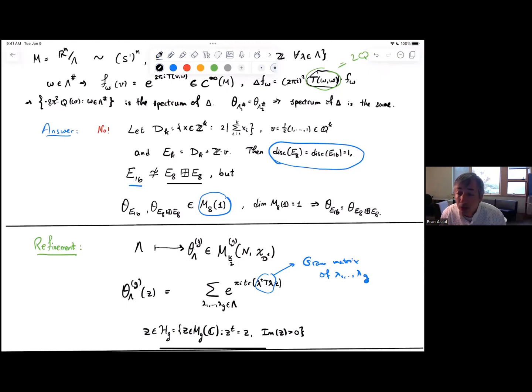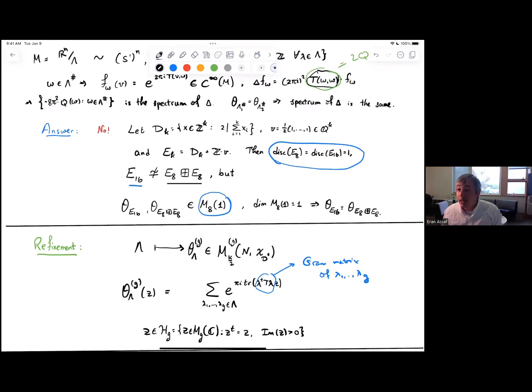Now, in order to keep track of all this information, we can't do it with a generating series in one variable anymore. But we can do it by using more variables instead. And these generating series, again, turn out to be modular forms. So I already wrote it down here in a way that looks more like what is known as a Siegel modular form.